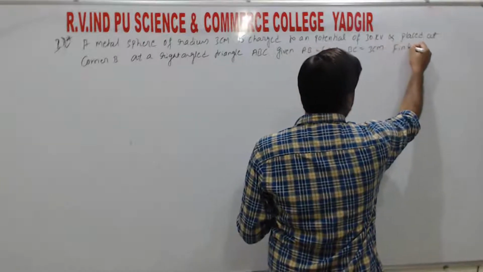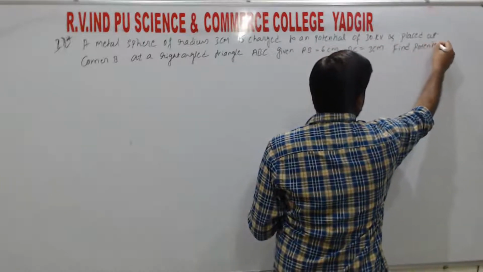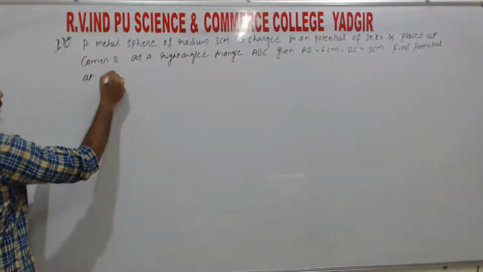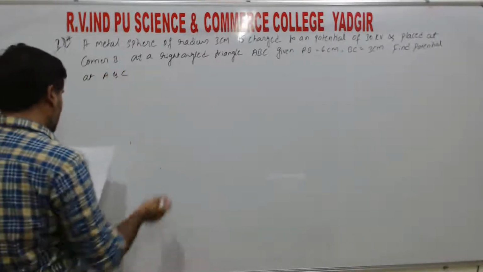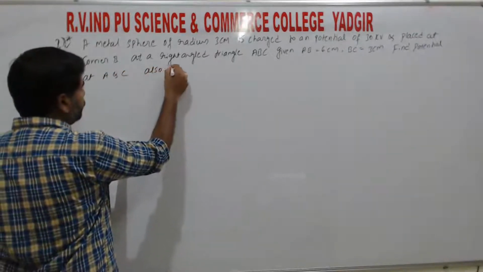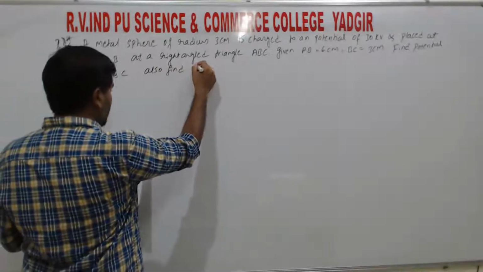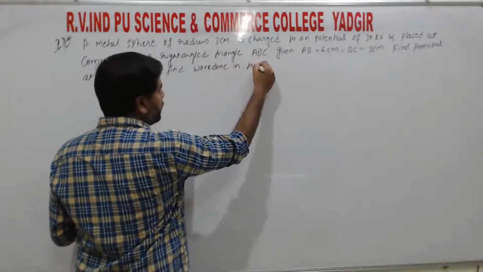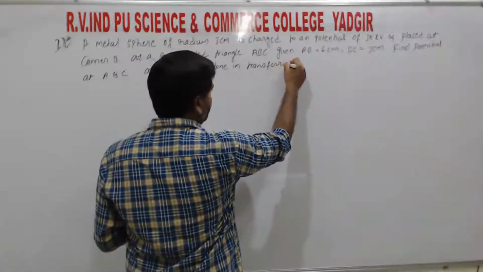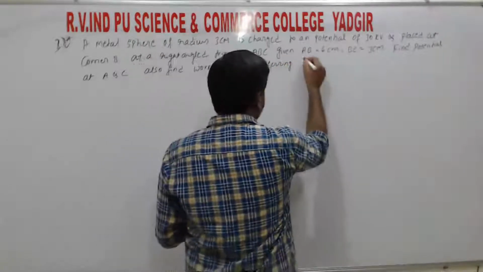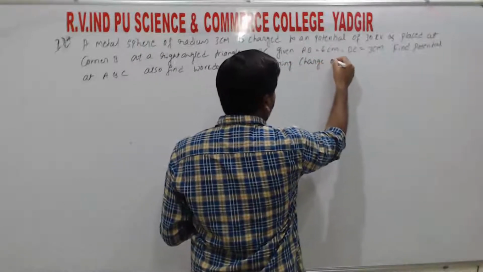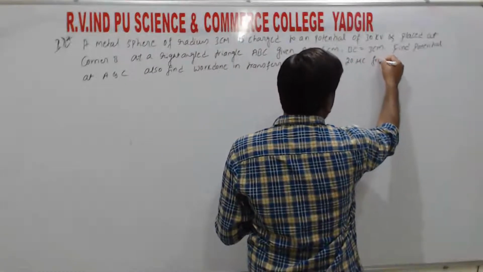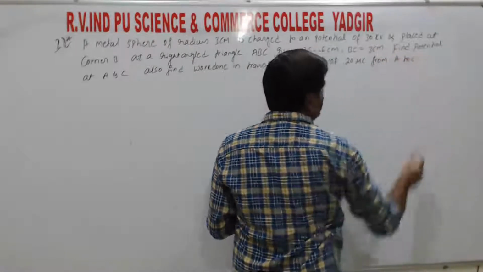Find potential at A and C. Also find work done in transferring charge of 20 microcoulomb from A to C, right?